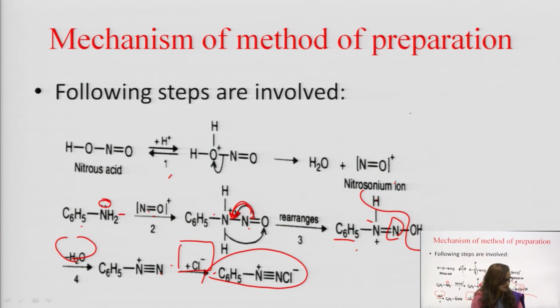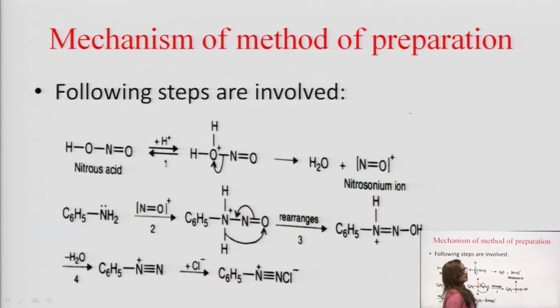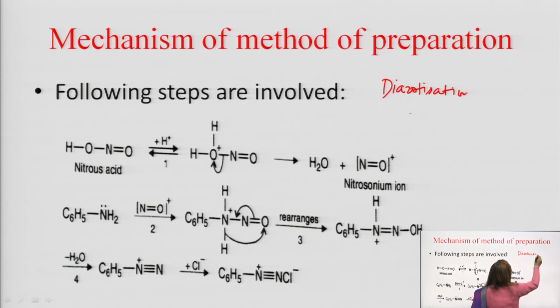The only thing you must keep in your mind is, suppose the question is how diazonium salt can be prepared, the answer, I am giving you a very short cut, is that it is prepared by the process of diazotization. Then what is the process of diazotization?